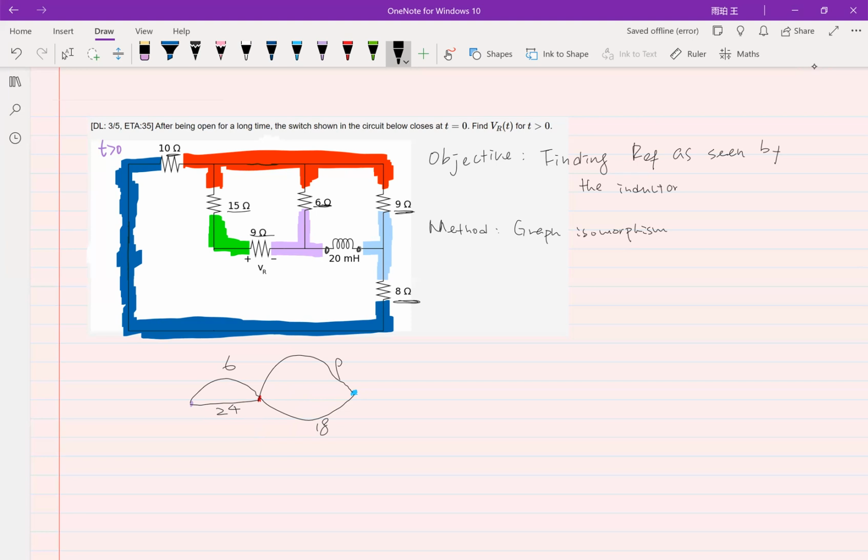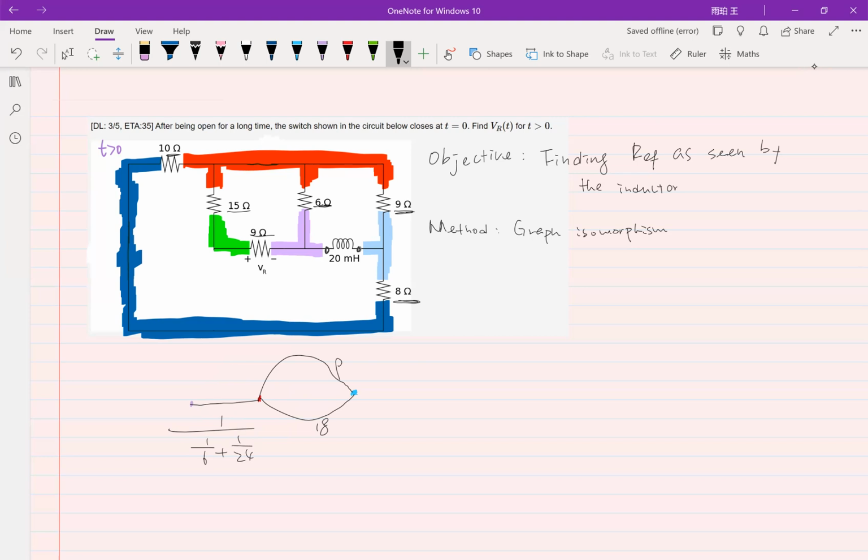Since the 6 ohm resistor and the 24 ohm resistor are connected in parallel between the purple node and the red node, we can simplify them to one path. That path would have a length of 1 over 6 plus 1 over 24.